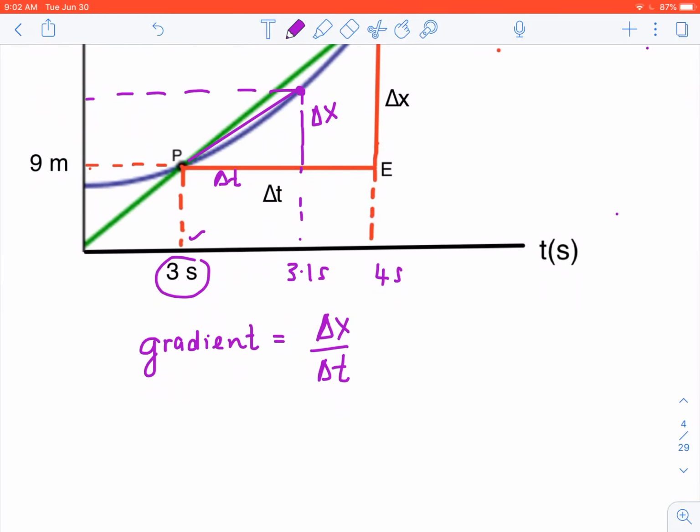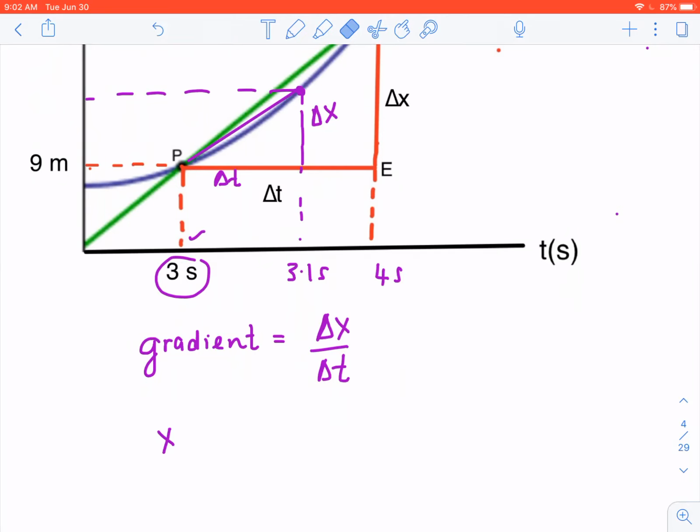But let's first determine what x is at 3.1 seconds.